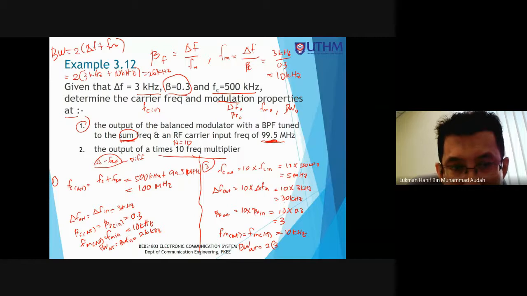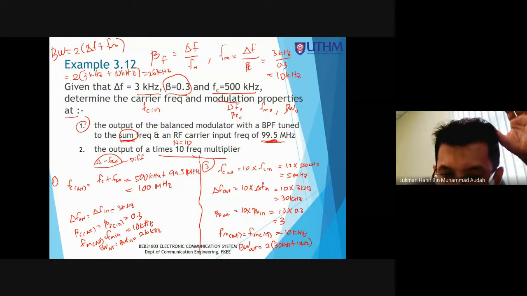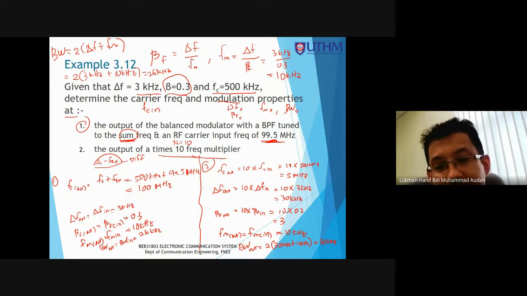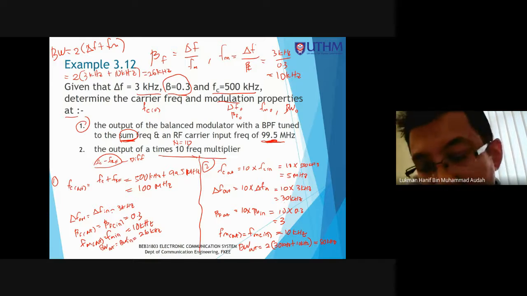So that means 30 kHz plus FM. FM same, 10K. Okay, so this is 40 times 2, so we get 80 kHz using Carson. Okay, so dia berganda.